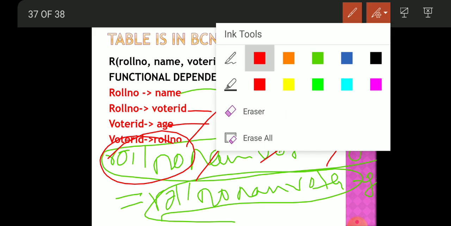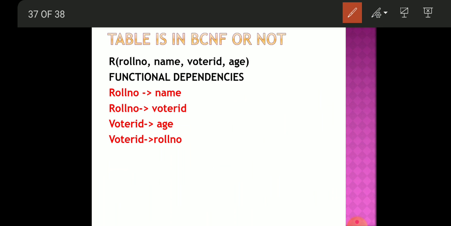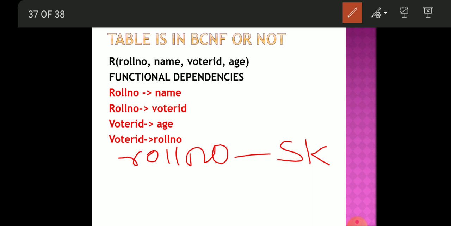Now we need to check whether this minimal super key is a candidate key or not. How will we check this? We have to find out the proper subset of the given super key. What would be the proper subset of roll number? There would be no proper subset of roll number, because this is a single attribute, so we cannot decompose it.